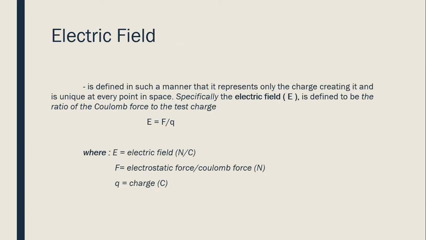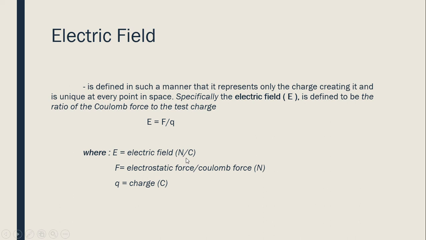Electric field definition. It is defined in such a manner that it represents only the charge creating it and is unique at every point in space. Specifically, the electric field, we have this symbol, big letter E, the variable we use for electric field. It is defined to be the ratio of the Coulomb force to the test charge, where E here is the electric field.